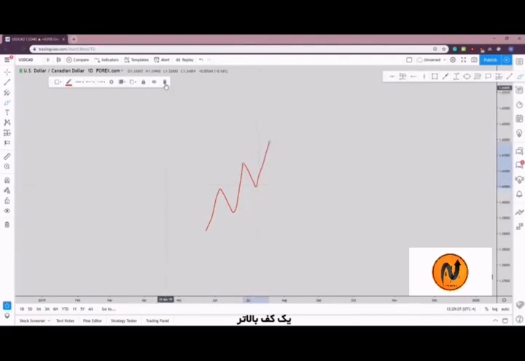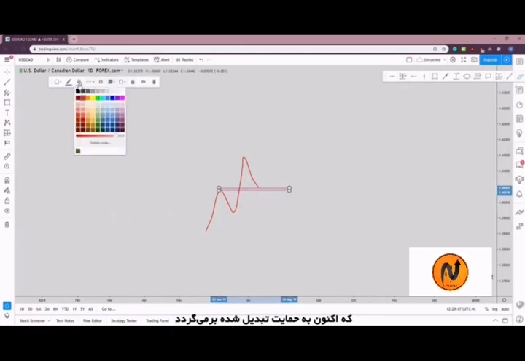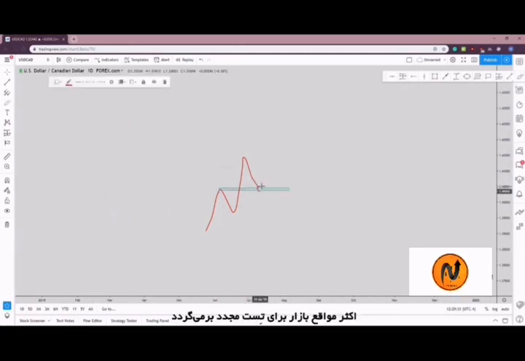Now, most of the times, we already spoke about this, the market will go and it will retest exactly the previous resistance, now turn support. Most of the times the market will go to retest exactly this area. However, this doesn't always happen.